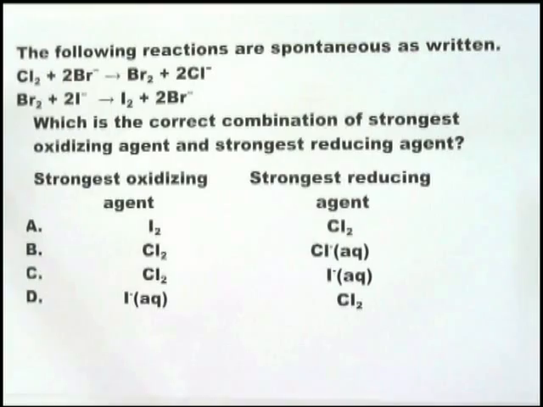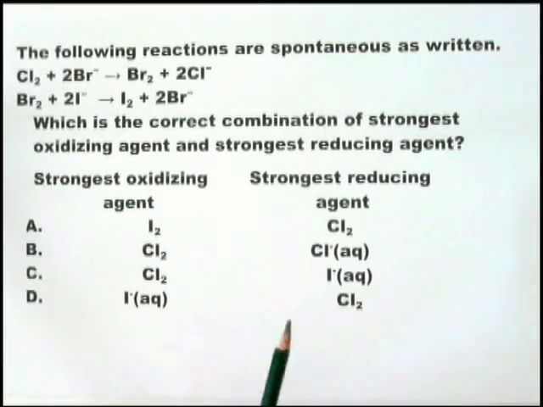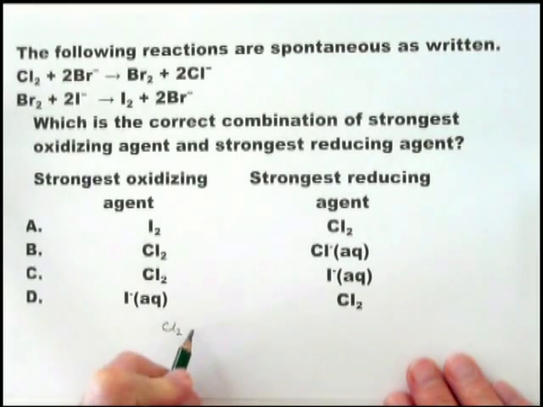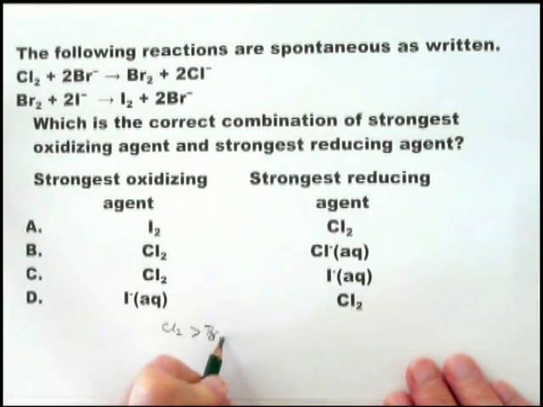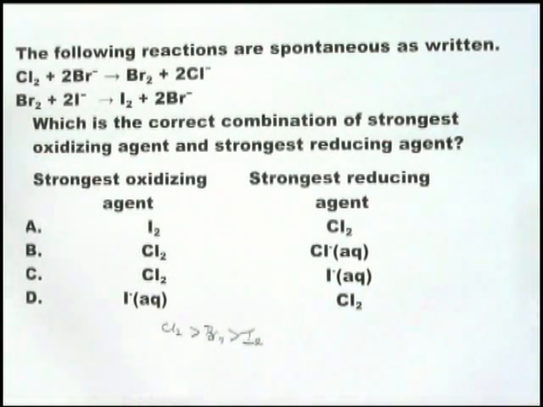This one is very similar to the previous one, except there's an addition to it, this concept of oxidizing agent or reducing agent. As before, chlorine is more reactive than bromine, which is more reactive than iodine. So we start with that, and then the question is, in terms of reaction, what does it do?